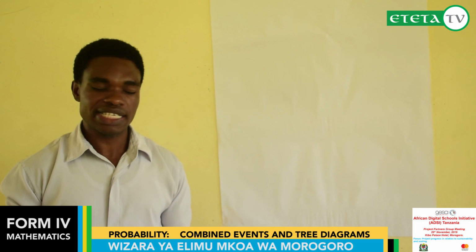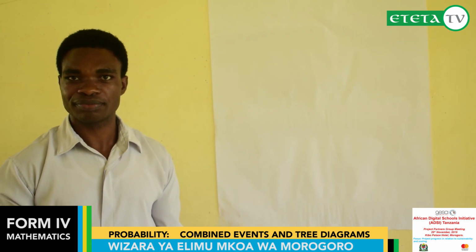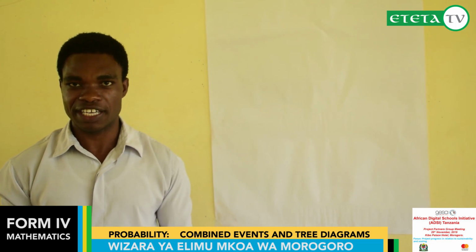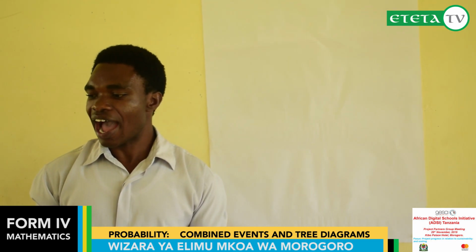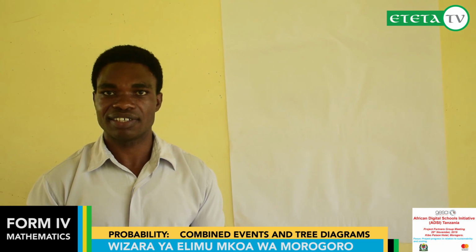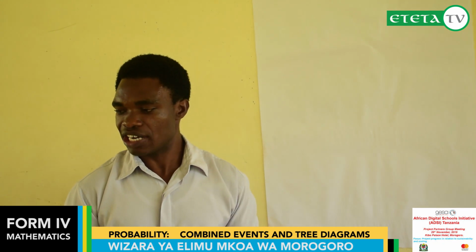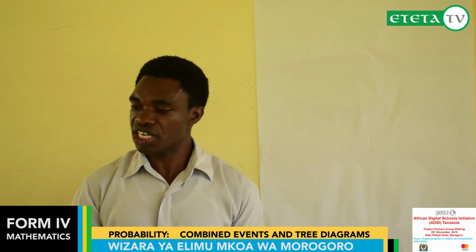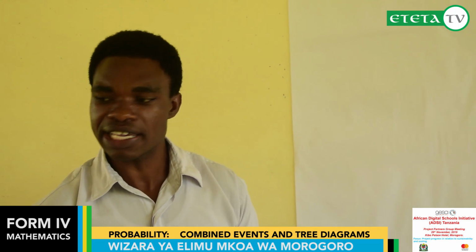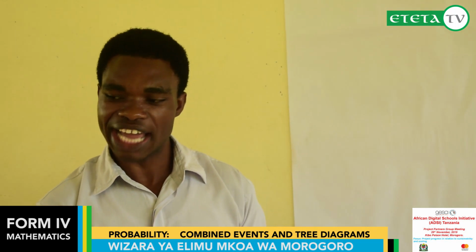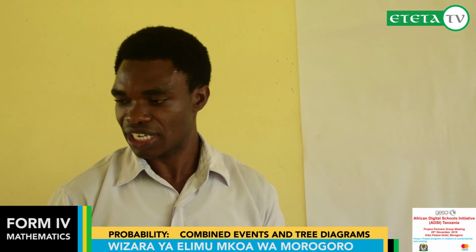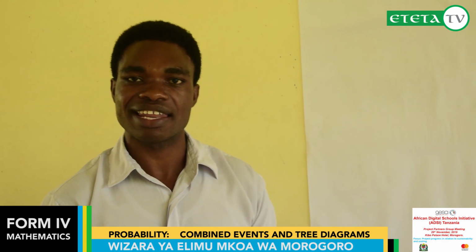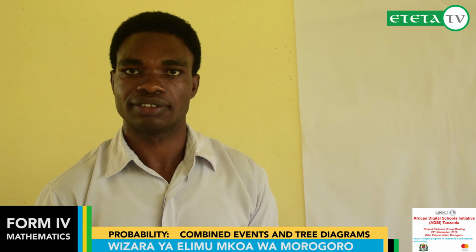Okay. Now let us have an example on the combined event. The example says: a die and a coin are tossed together. Draw the tree diagram to find the sample space and hence determine the probability that a head and a number less than 3 will occur.